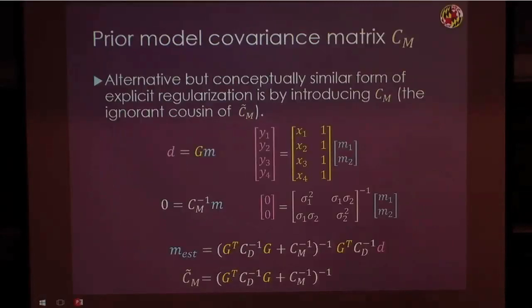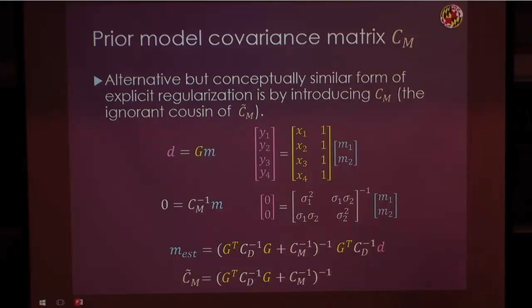Another way to do the damping is to forget about this way of forming equations and instead construct a model covariance matrix, just like the one we got from the inversion, but this time one that is based on your prior knowledge. This one is called the prior model covariance matrix, C sub m, and he's the ignorant cousin of C_m, because he hasn't yet learned about the data.